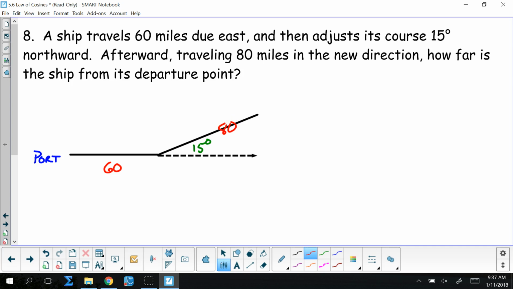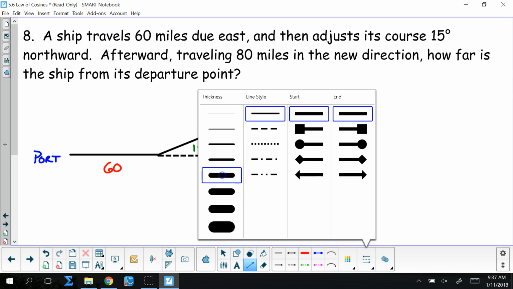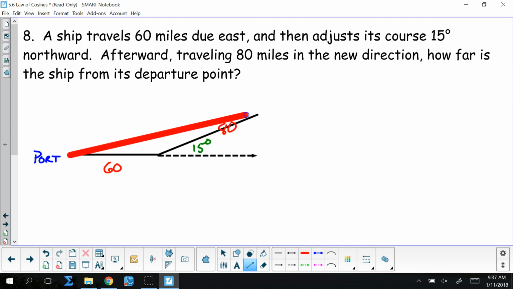The question that we're asking is, how far is the ship from its original departure point?